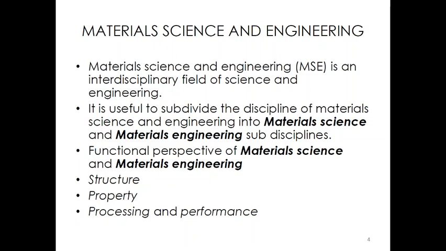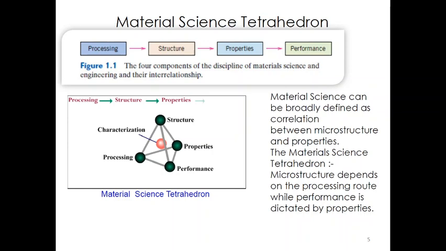One of the most important functions of a material scientist and engineer is to establish the relationship between material structure, performance and properties. With regard to the relationship of these four components, the structure of a material depends on how it is processed.